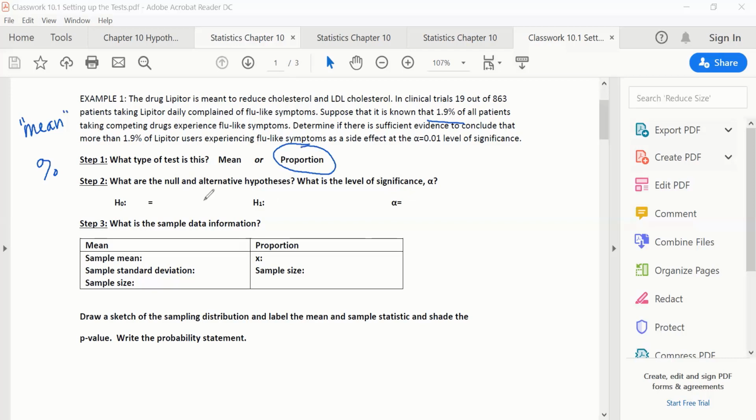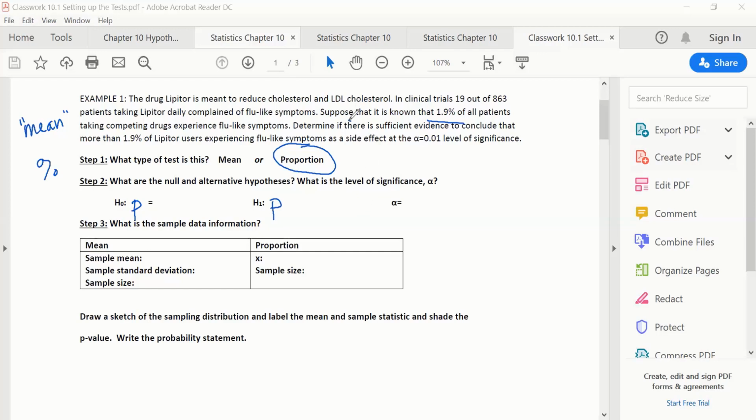Second, what are the null and alternative hypotheses, and what is the level of significance? It's about proportion, so we know it's about P. So the first one is P is equal to something, and that's our null hypothesis. And then what do we think is going to happen would be our alternative.